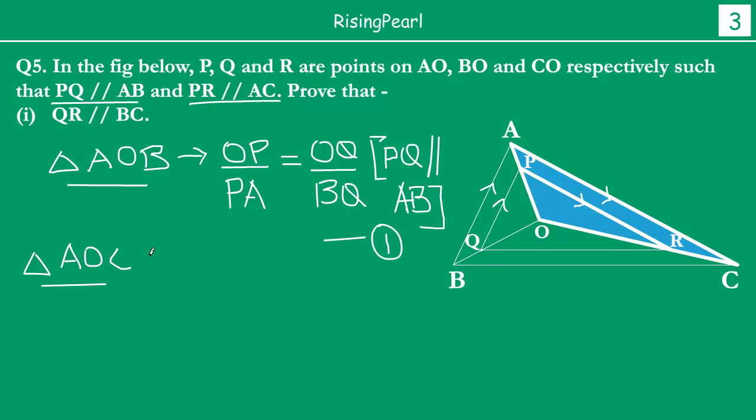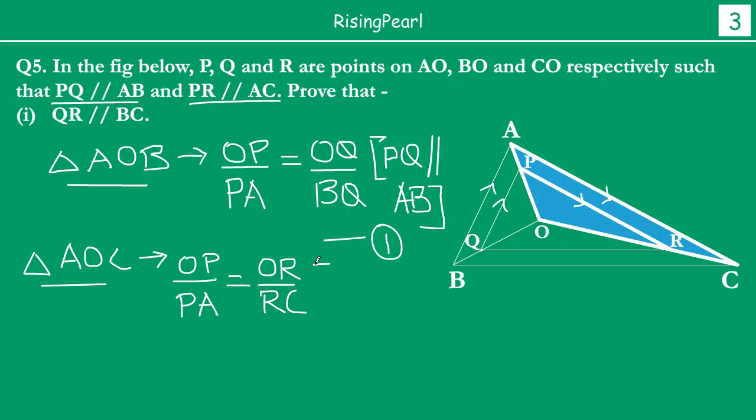In this triangle what we have is PR parallel to AC. So that means OP by PA, that is this ratio OP by PA, must be equal to OR by RC.